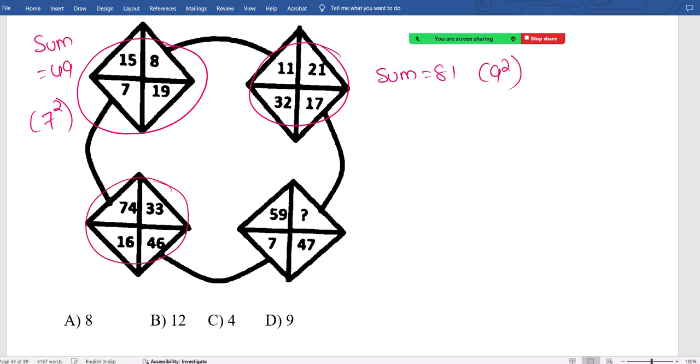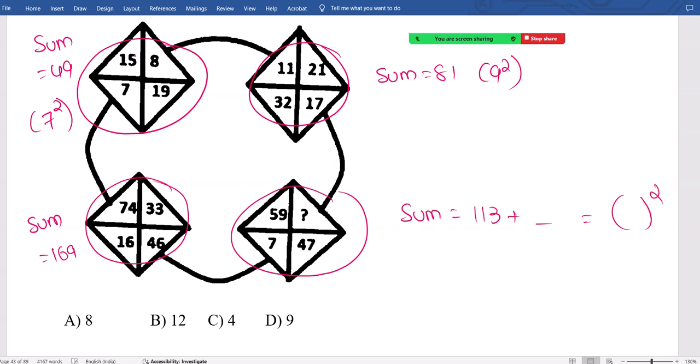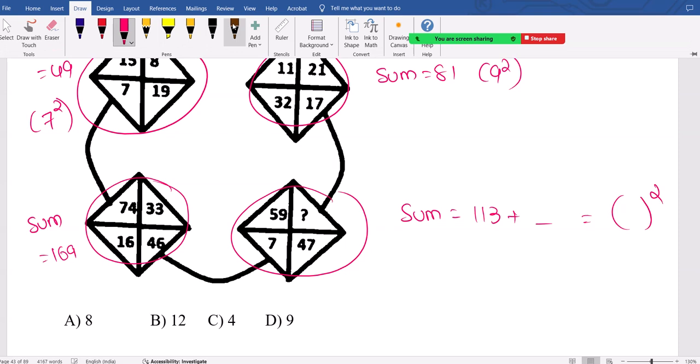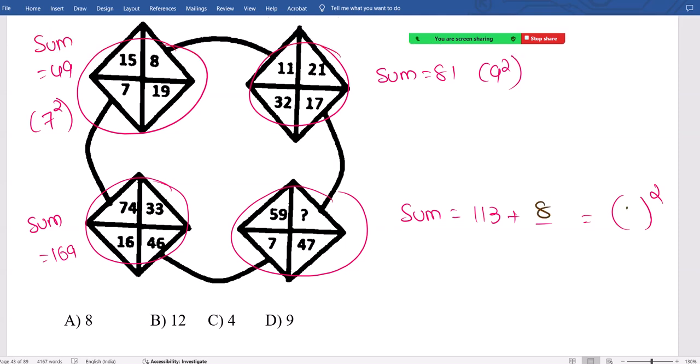This one summation 169, because this is 90 and here 79, 169. This one also must be perfect square. Already 66 and 47, 113 available. Something should be a perfect square means it must be 8. 113 plus 8 is 11 square. So the missing number is 8.